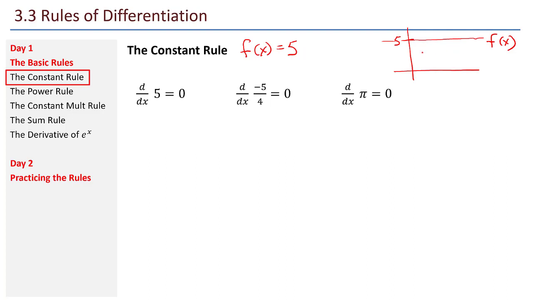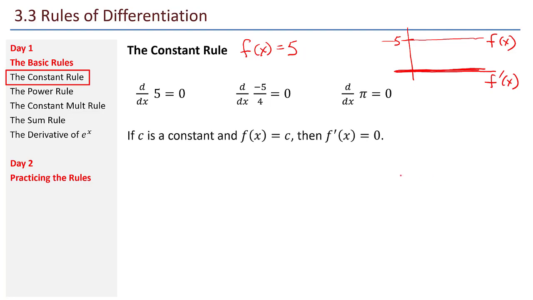A horizontal line has slope 0, so the derivative function will look like just the x-axis, which is my f prime of x, which is constantly 0. So the derivative of a constant is 0. Here it is stated more generally. If c is a constant and f of x equals c, then f prime of x equals 0.